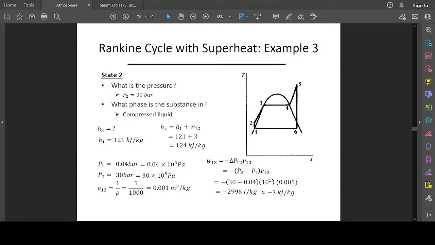So we plug in the values for the known pressure, then for the specific volume of saturated liquid here, we can estimate it. If you want to be specific, you can take an average pressure between 30 bar and 0.04 bar.